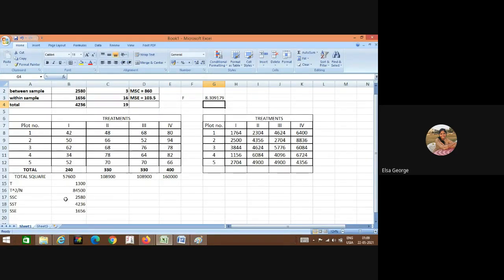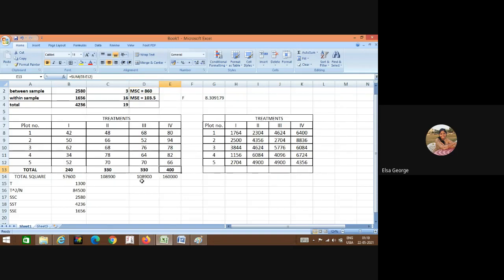Then you found out the SSC. For your SSC, you will be calculating your column totals, that is 240 square by n1 plus 330 square by n2 plus 330 square by n3 and so on.